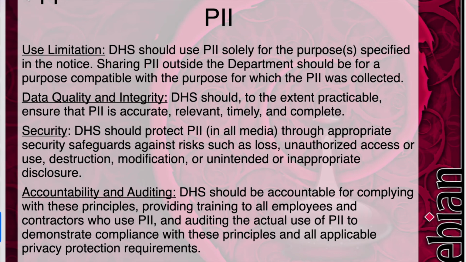Data quality and integrity: DHS should, to the extent practicable, ensure that PII is accurate, relevant, timely, and complete. Security: protect PII against loss, unauthorized access, use, destruction, modification, or inappropriate disclosure through appropriate security safeguards against such risks.